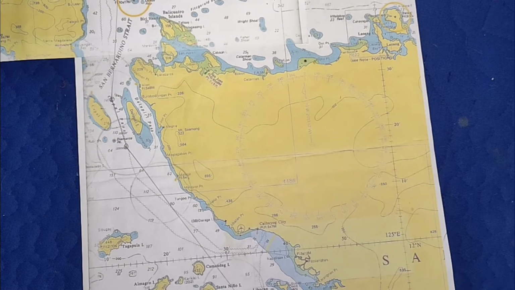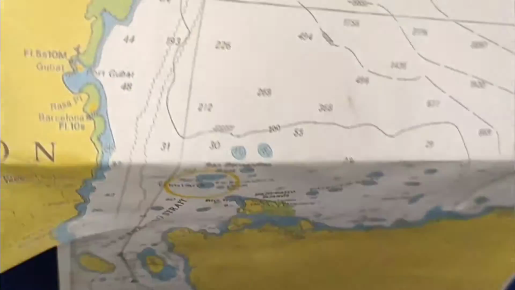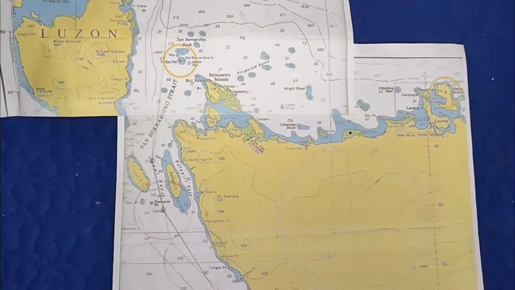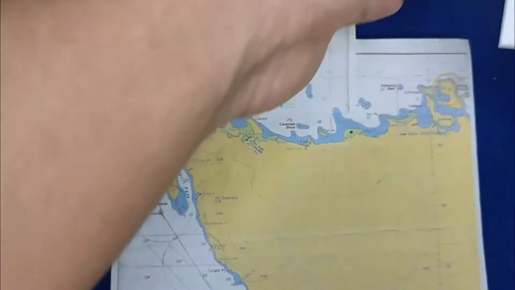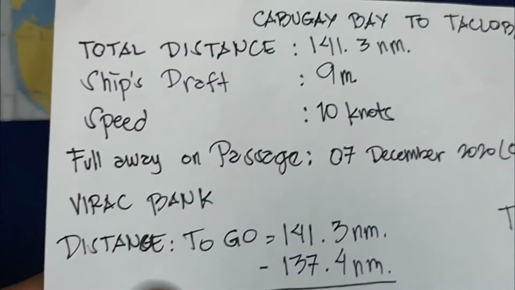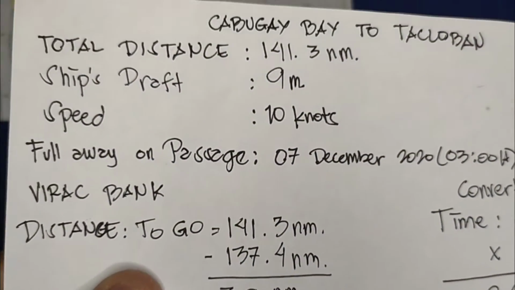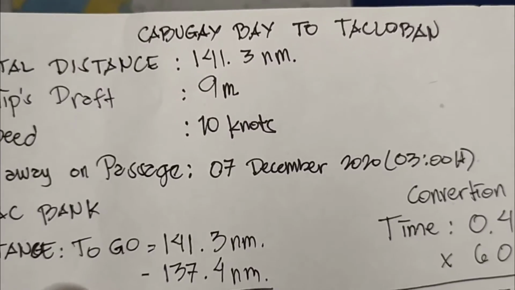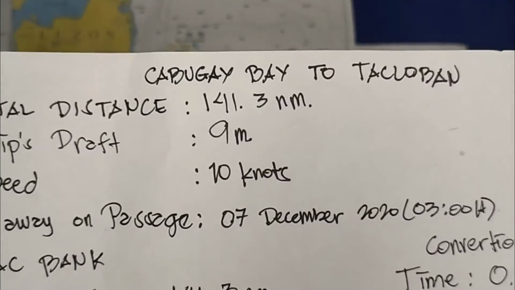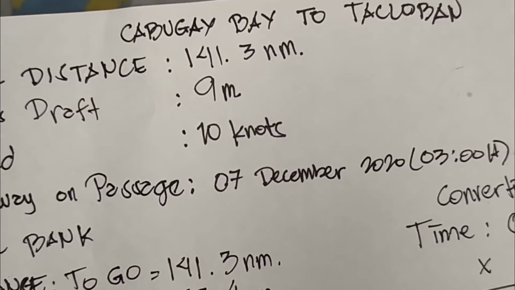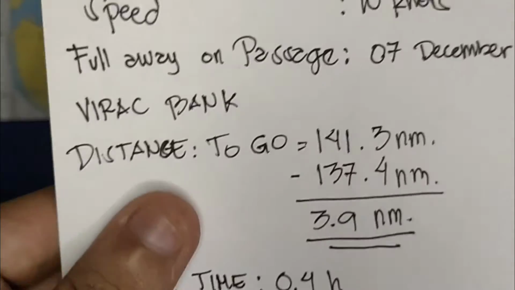Then use the available tide table to determine the height of the water during passage in the nearest underwater obstructions. The first nearest underwater obstruction is the Virac Bank. The total distance from Kabugay Bay to Tacloban Pilot Station is 141.3 nautical miles.